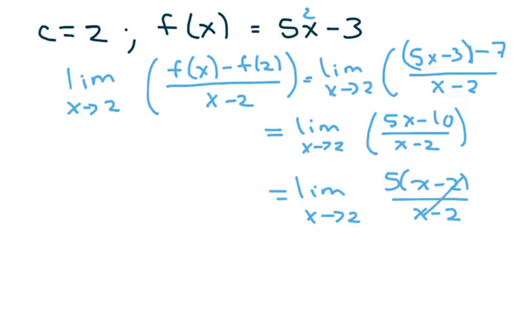These two cancel, so the limit as x approaches 2, you're using the constant property, of 5 equals 5, because there's no x left.